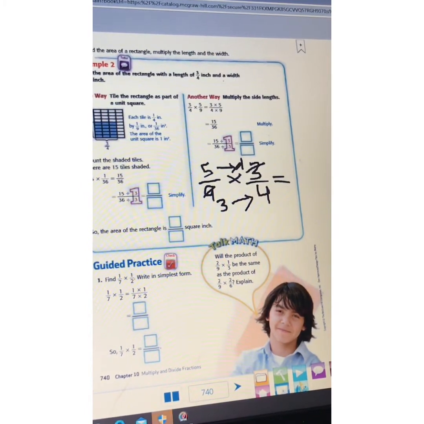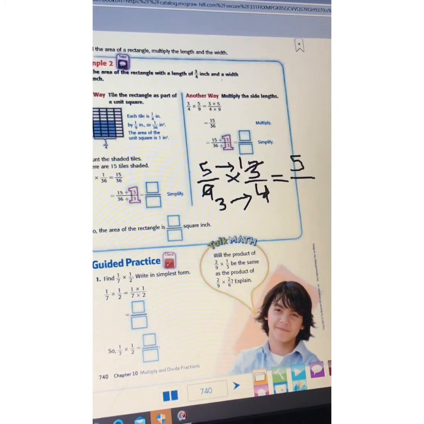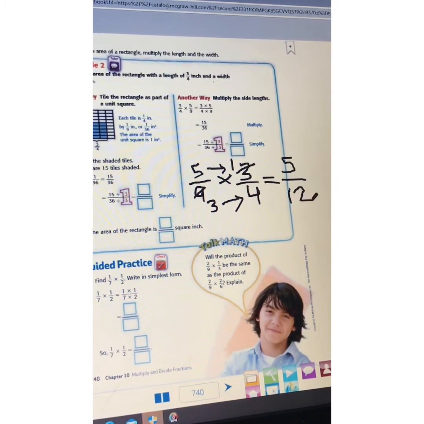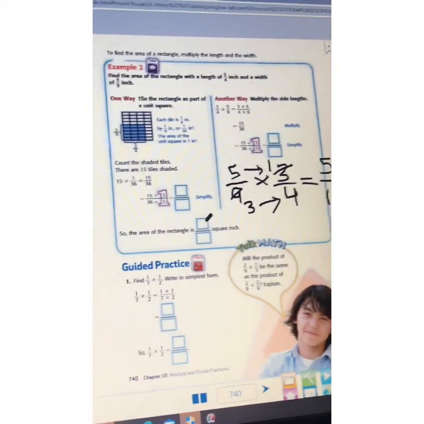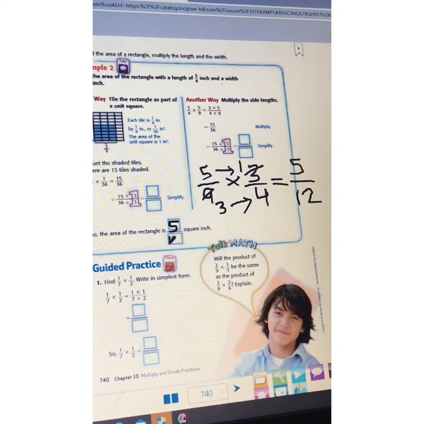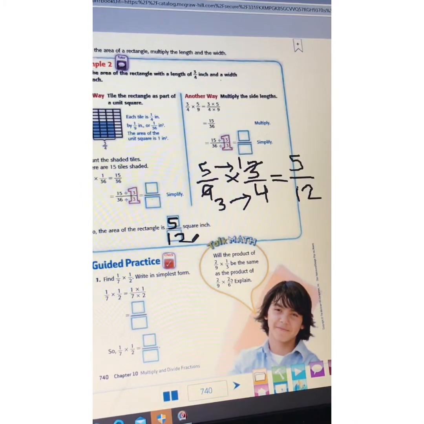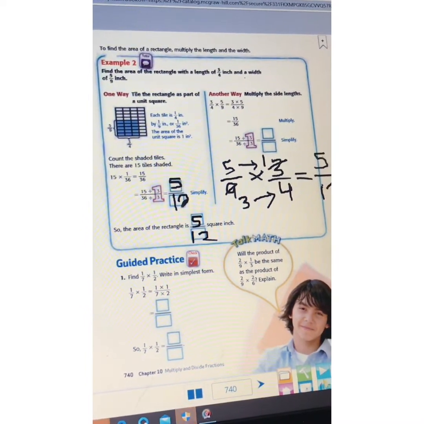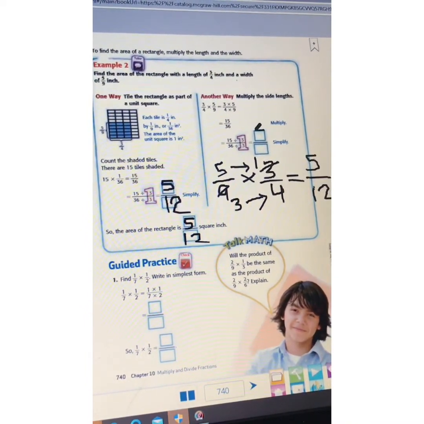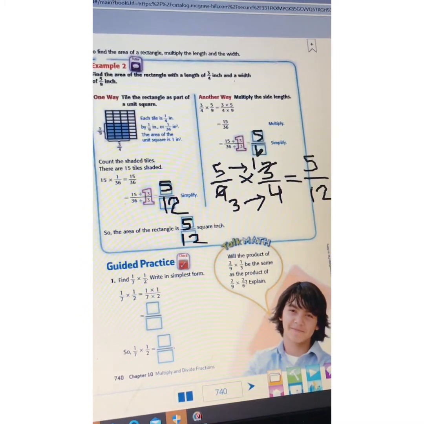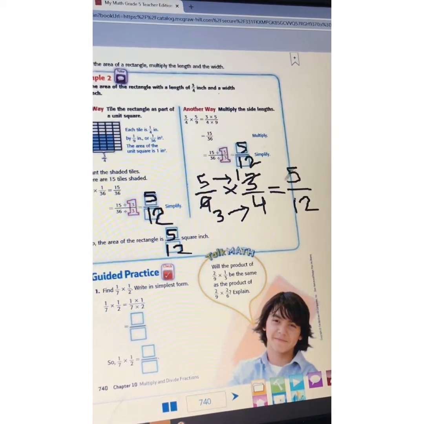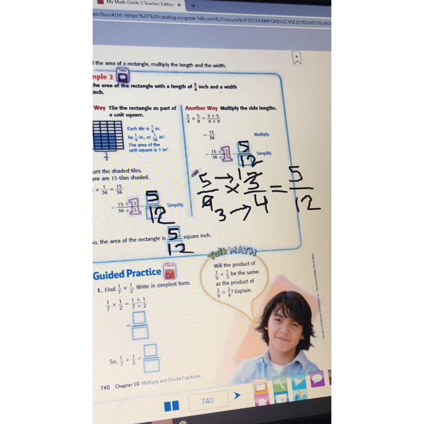Okay, 5 times 1, we get 5 over 3 times 4, we'll get 12. Okay, so the answer is 5 over 12. Cancellation is a lot easier because if you multiply first before simplifying, the number is very big. And the good thing about it is you don't need to simplify because you already did it here.